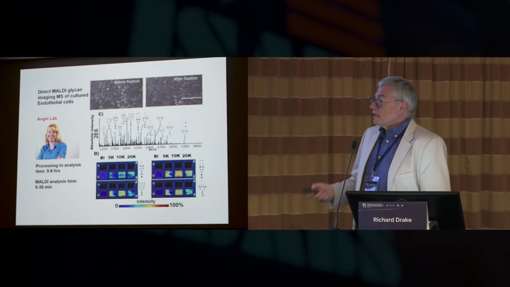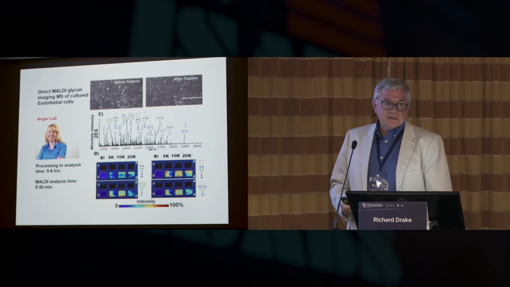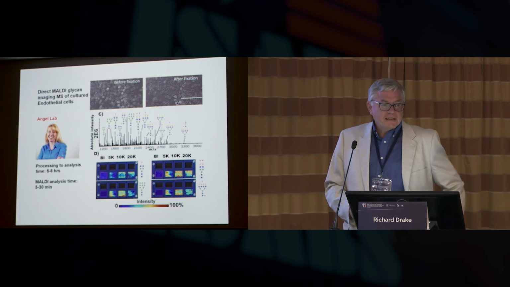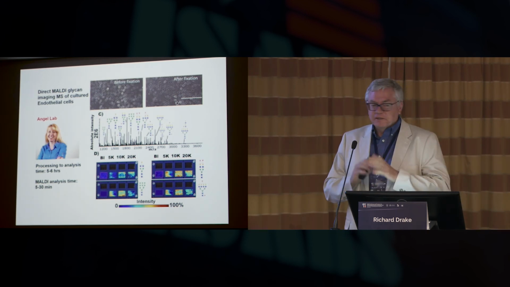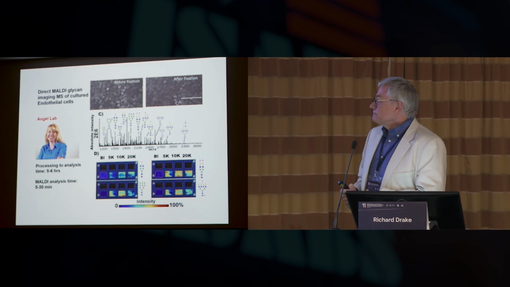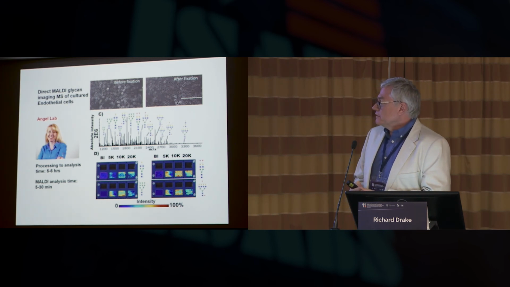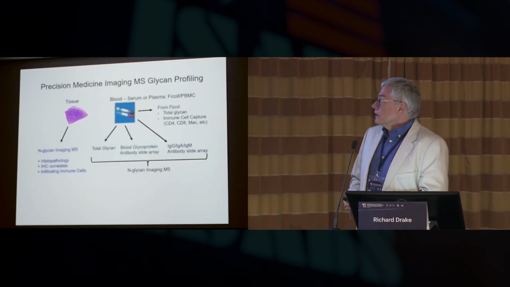So she does have single-cell glycomics, because you can literally hit that single cell with a laser and get a profile. I don't know how that counts, and it was an endothelial cell, so this wasn't a challenge. They were pretty big targets. She's submitted this. There's a lot going on here that she's also adapted into SILAC, but based on time, I just want to highlight that we're working in that direction.